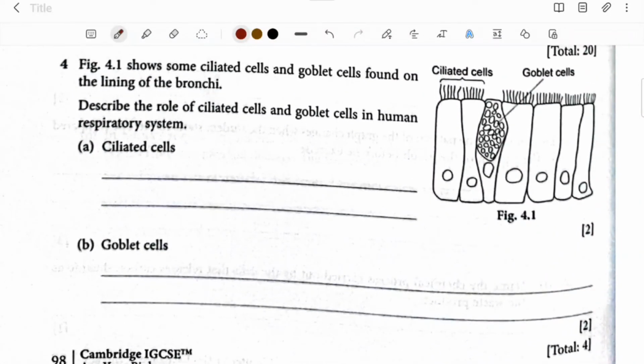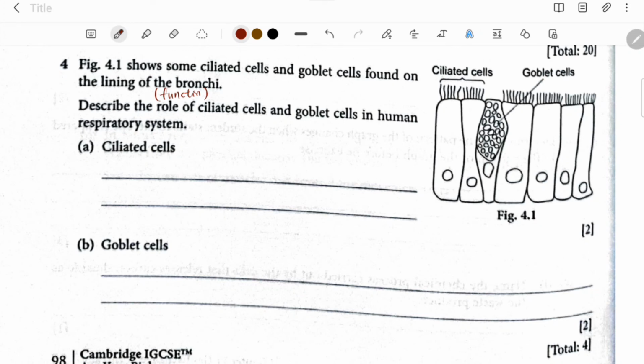Figure 4.1 shows some ciliated cells and goblet cells found on the lining of bronchi. Describe the role of ciliated cells and goblet cells in the human respiratory system. Okay, role means we have to write the function. Goblet cell is actually the one that produces the mucus.